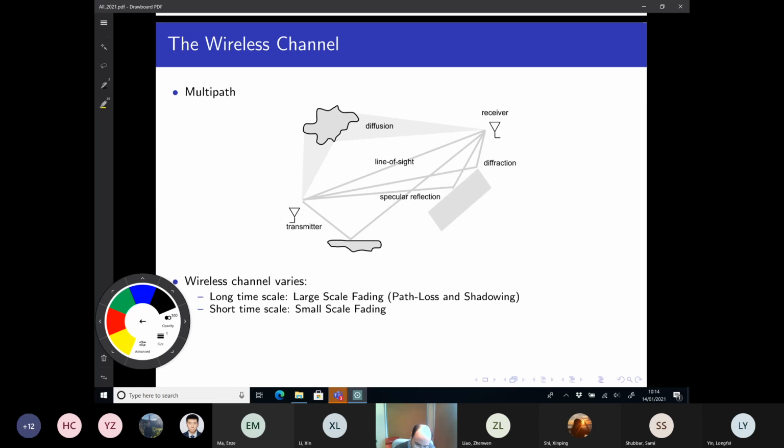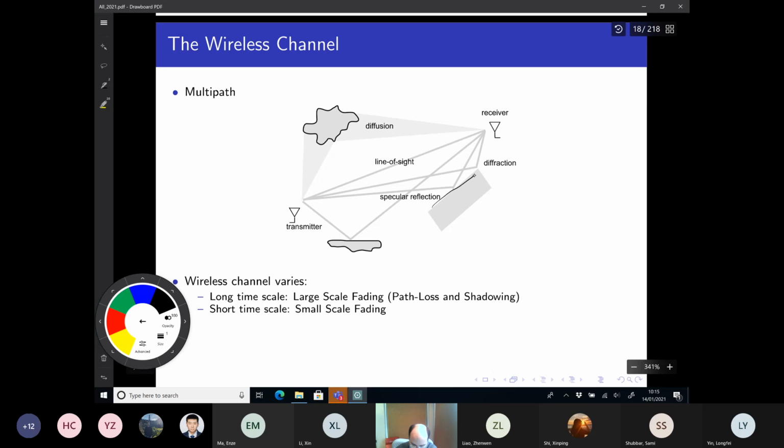For instance, diffusion typically happens when the wavelength of your electromagnetic wave is of about the same order of magnitude as the granularity of your object. So if you have a wall that is not a perfect mirror but has some imperfections, and those imperfections have about the same magnitude as the wavelength, then you're going to have some interaction between the electromagnetic wave and your wall, and you're going to have diffused waves after interacting with the wall.